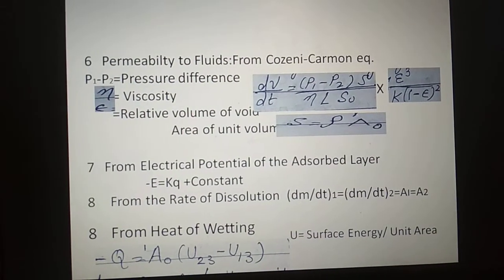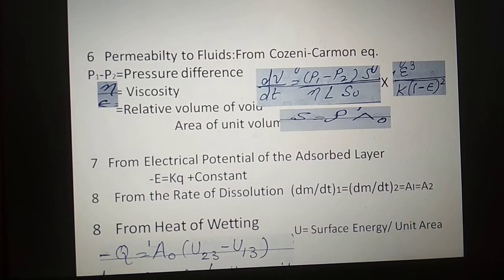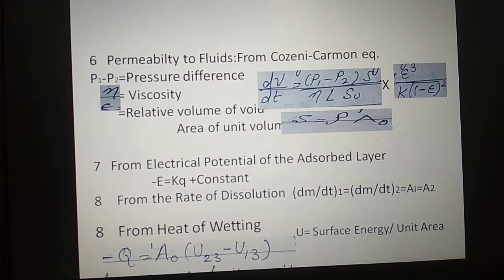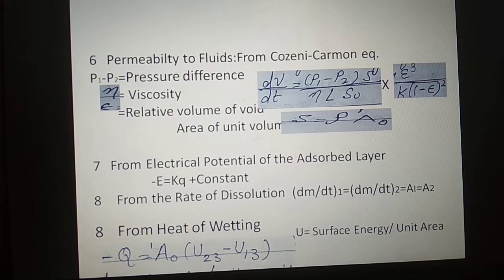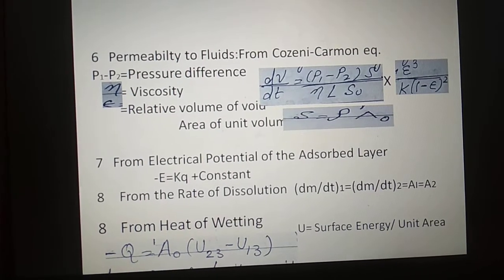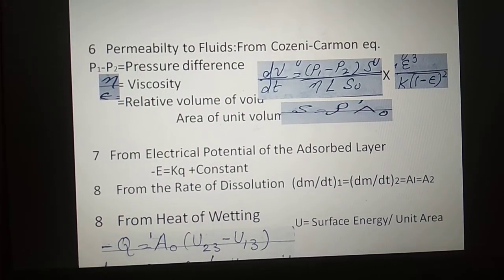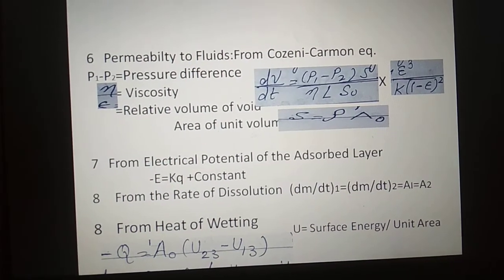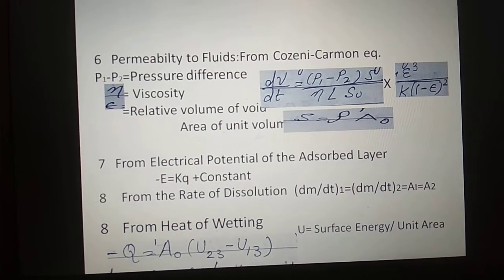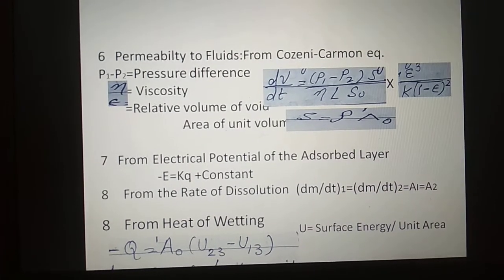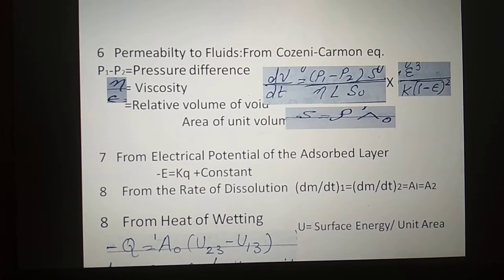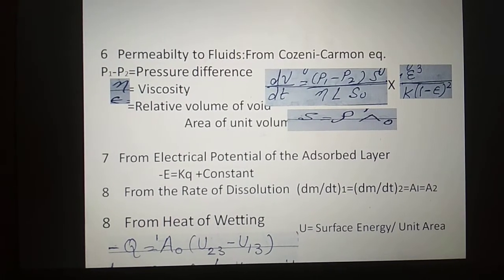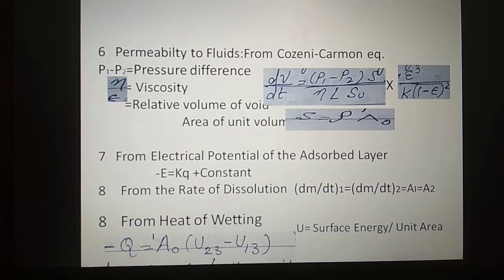Sixth method is permeability to fluid. The volume of a fluid passing in unit time, dV upon dt, through S centimeter square of a porous plug of length L is given by Cauchy-Kozeny equation. dV upon dt is equal to P1 minus P2 S0 upon eta L S0 into epsilon cube K 1 minus epsilon square.